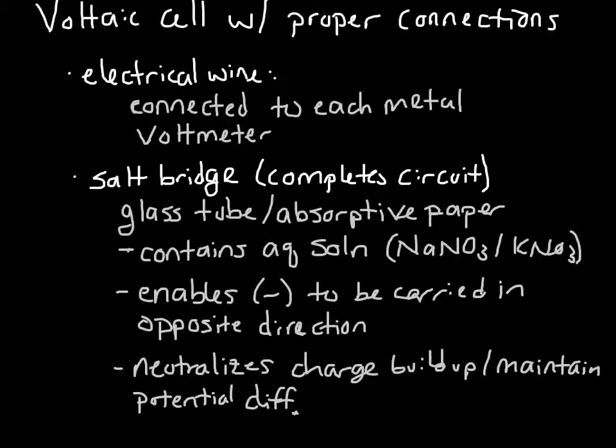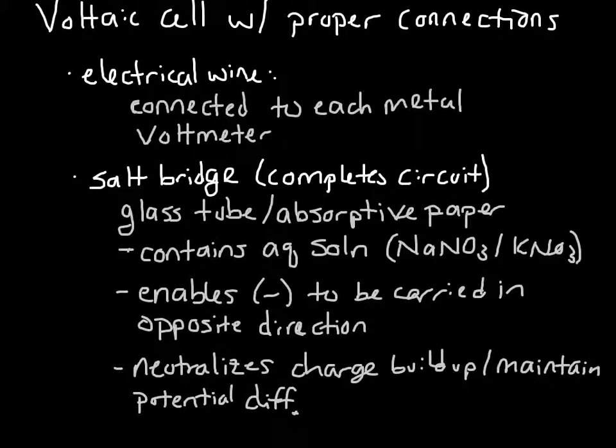Okay, so the previous slide we saw a very simplistic version of just explaining what the half cells look like. So now, what all needs to be incorporated? The voltaic cell needs to have proper connections in order to have proper reading and the reactions to move forward. Essentially, completing the circuit. We talked about that external wire.